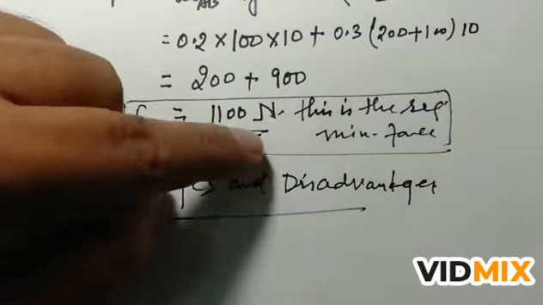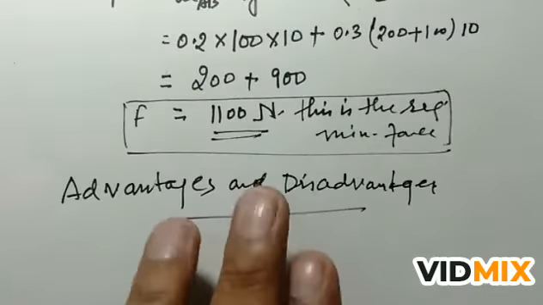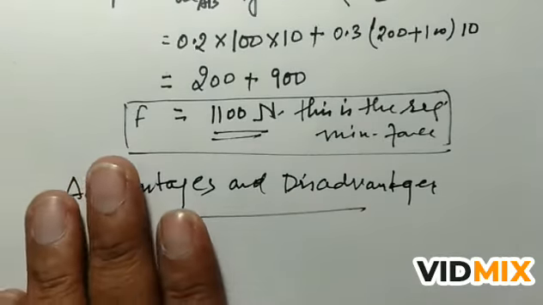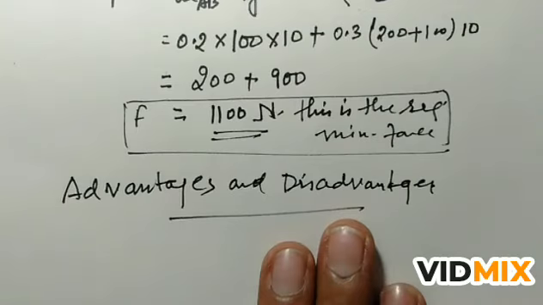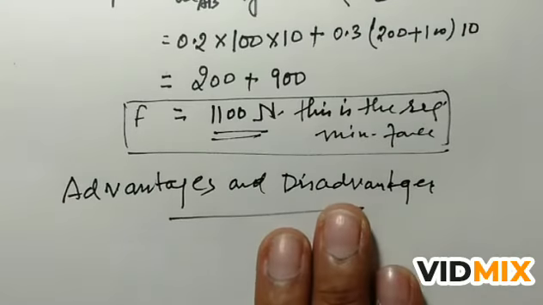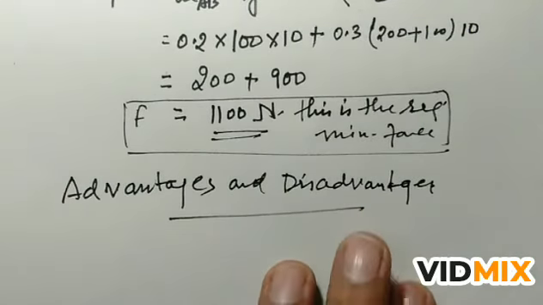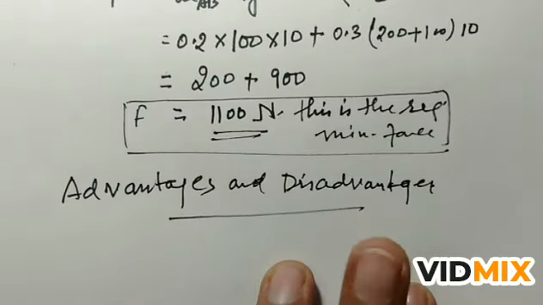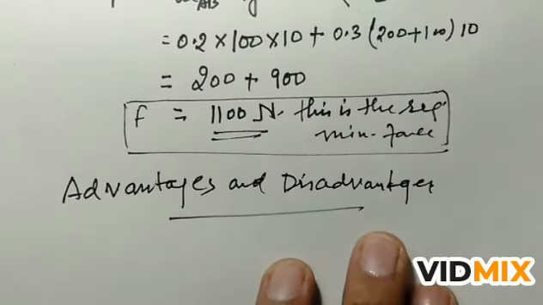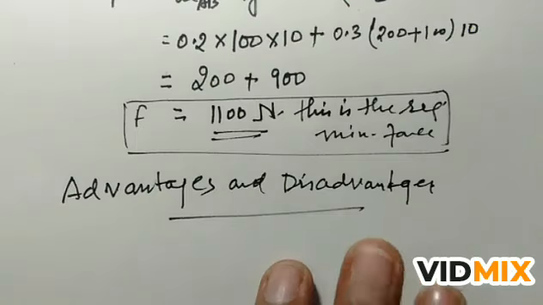Now, what are the disadvantages? Disadvantages are also there; advantages are there, and disadvantages too. The disadvantage of friction is that friction always opposes the motion. Friction always opposes the relative motion between two bodies in contact.